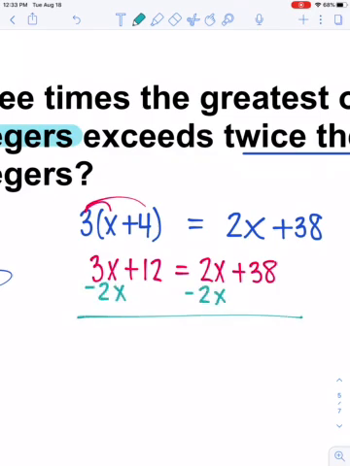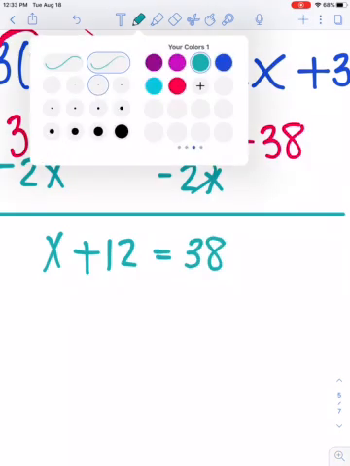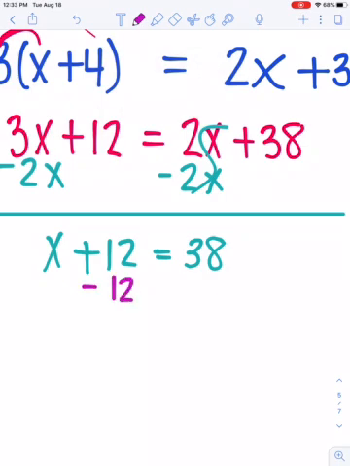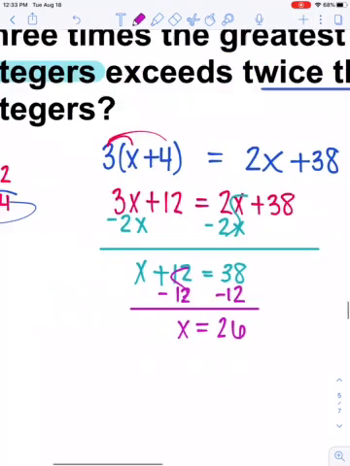So we're going to just subtract 2x from both sides. 3x minus 2x is x. And then over here, all that's left is the 38. And then all you have to do is subtract the 12. So x is 26.